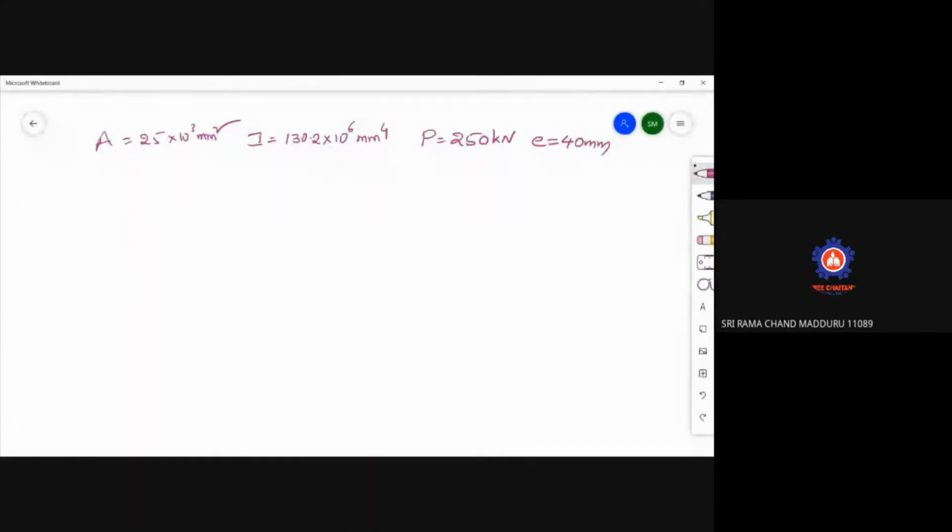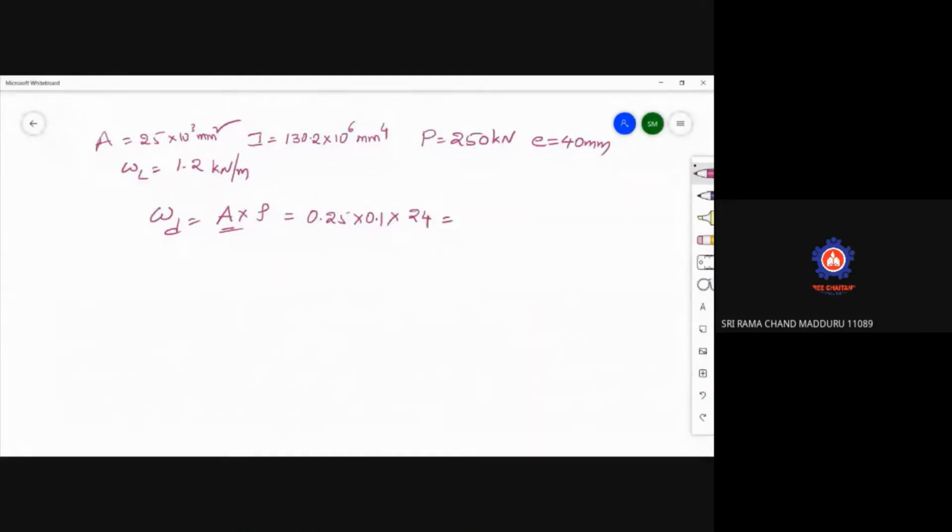Now here W live load is given, which is 1.2. We need to calculate first the dead load. So dead load is nothing but area into density. Area is 0.25 into 0.1, B into D, in terms of meters, into 24, the density of the concrete that is given.